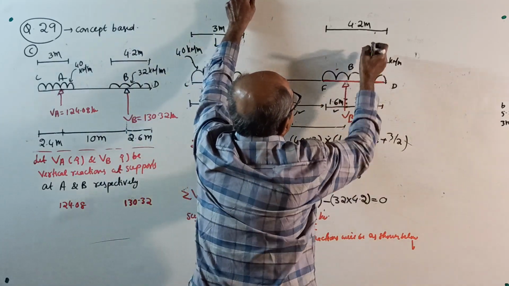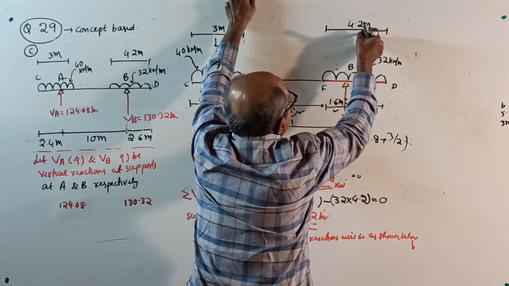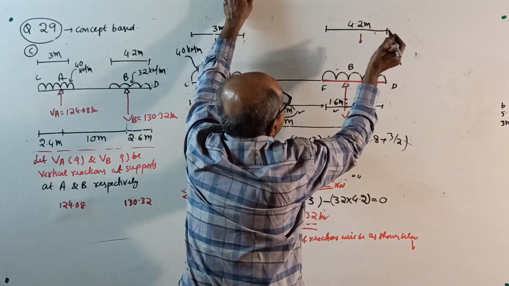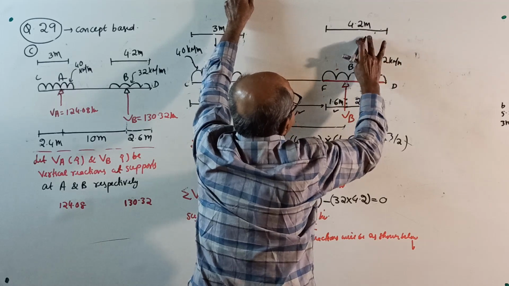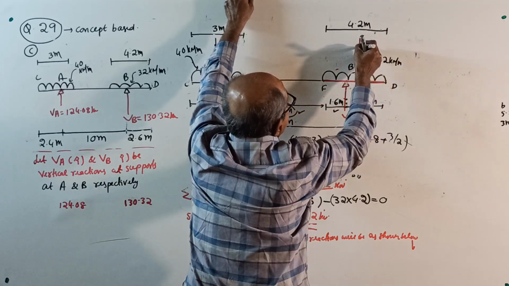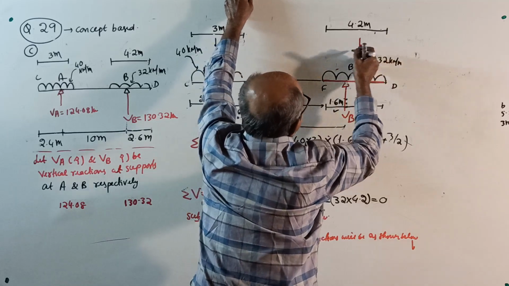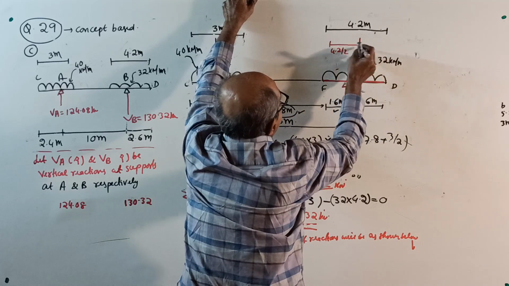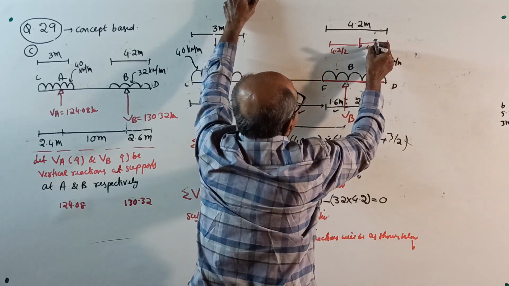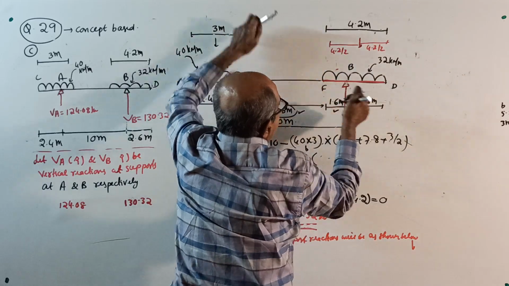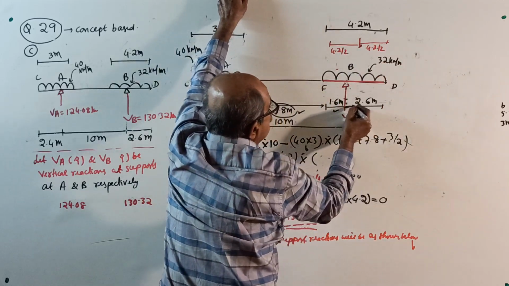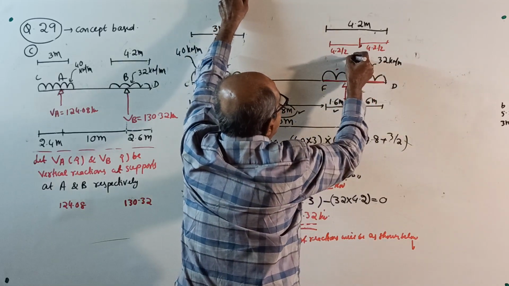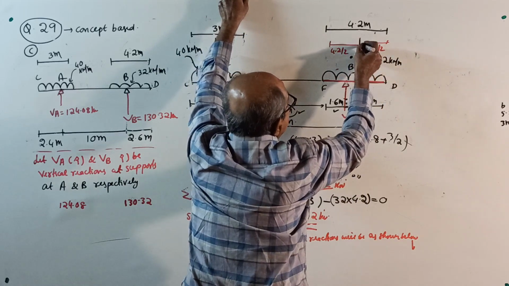see, this total load if you consider, 4.2 by 2 is here. This is a little this side, okay, a little here. Out of scale, no problem. 4.2 by 2, this also 4.2 by 2. And 4.2 by 2 is 2.1, it is 2.6. So, when you take moment about B, the line of action will come here.